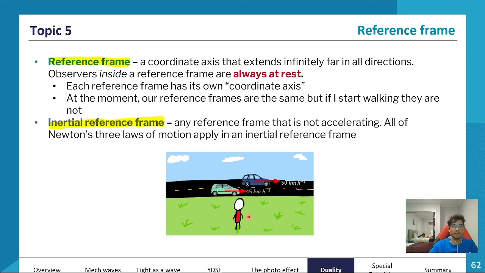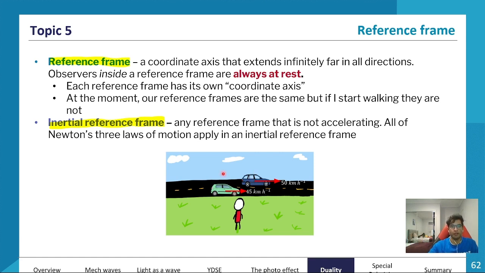So this person on the ground has his own reference frame. This car over here has its own reference frame, and this blue car has its own reference frame. The thing is, from your perspective on the ground, the green car is traveling at 45 kilometers an hour, and the blue car is traveling at 50. That makes perfect sense.